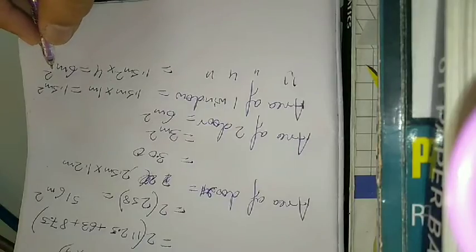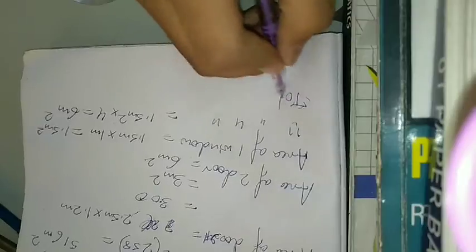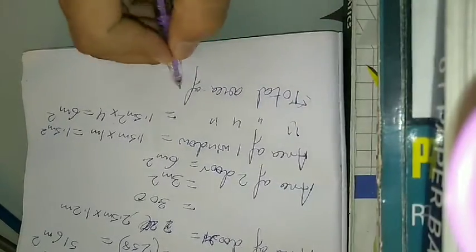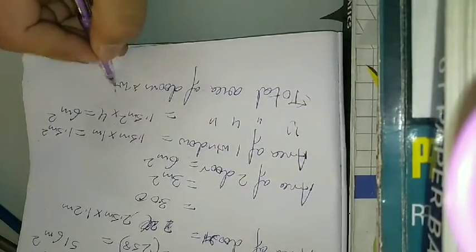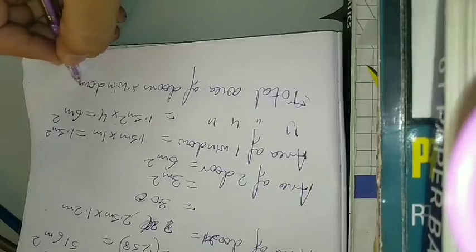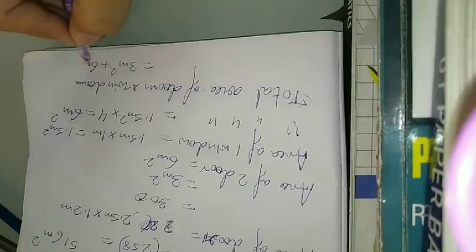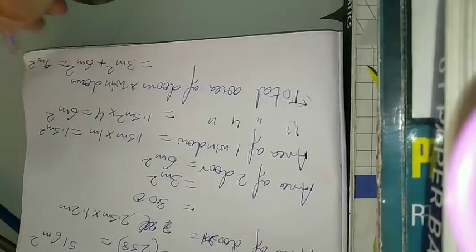So what is the cumulative area of door and window? 3 meter square plus 6 meter square, that is 9 meter square. Total area of doors and windows is equal to 9 meter square.